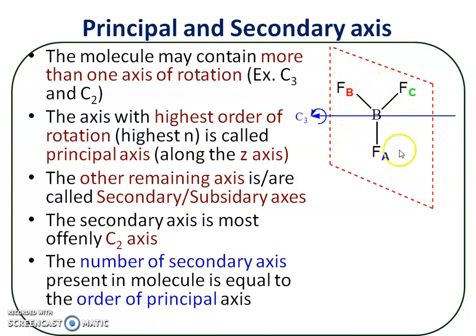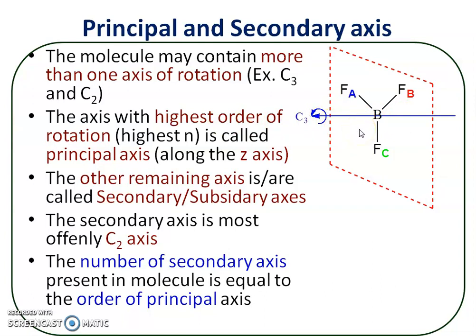So this is the second 120 degree rotation. Now again, the third time the molecule is rotated, this Fa will come to the original position like this. So after 3 rotations of 120 degree, we get an identical structure, and for this type of rotation, theta is equal to 120. So 360 divided by 120 comes to 3, and therefore this is the C3 axis. This is the principal axis. This is the proper rotational axis.